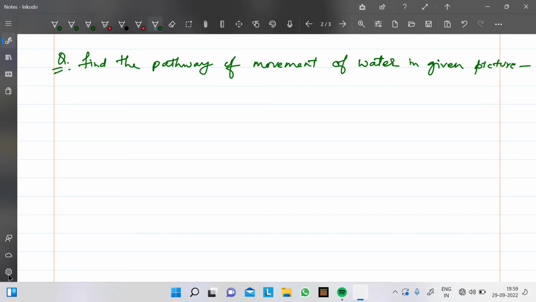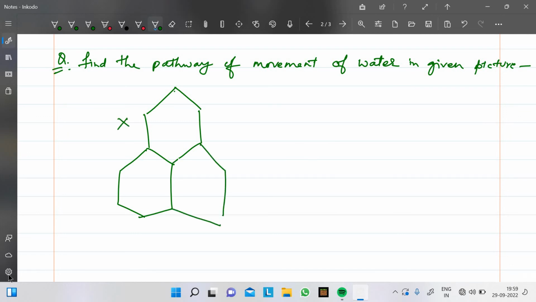Okay, again I am drawing a diagram. This is cell X, this is cell Y, and this is cell Z. Now here what is given? Solute potential and pressure potential. For cell X it is given minus 10 bars and pressure potential is 5 bars.